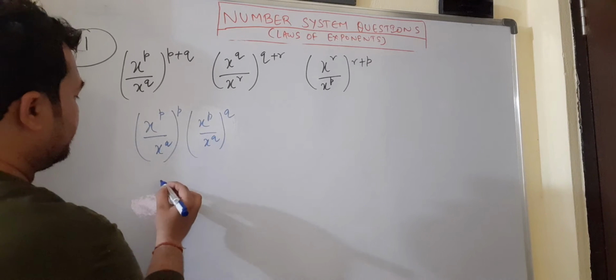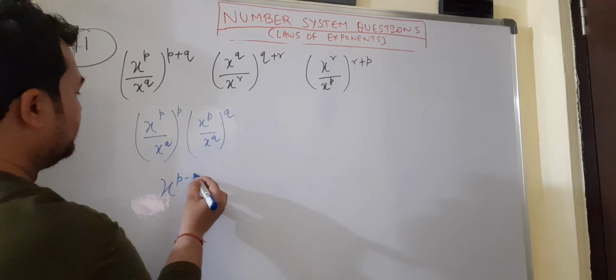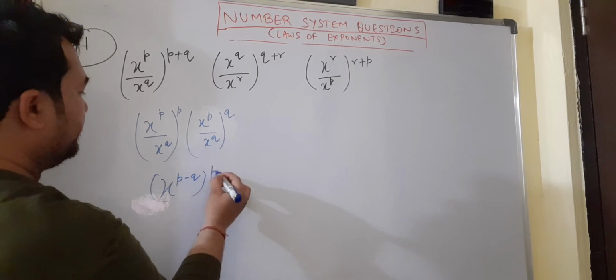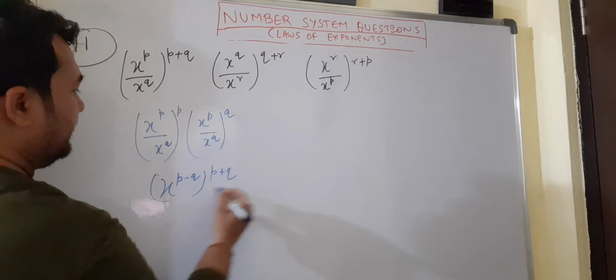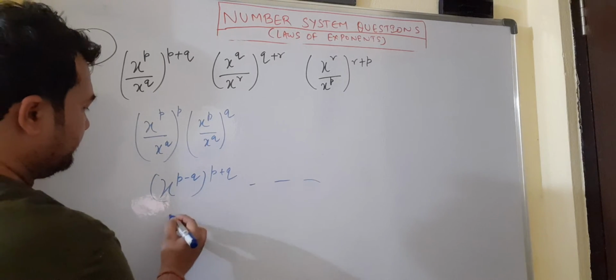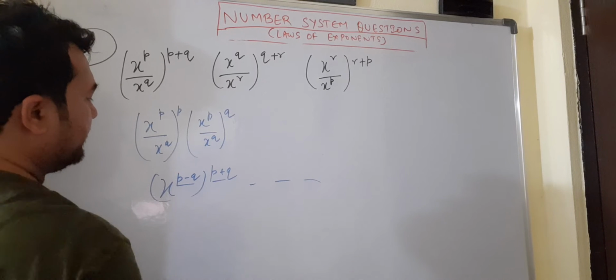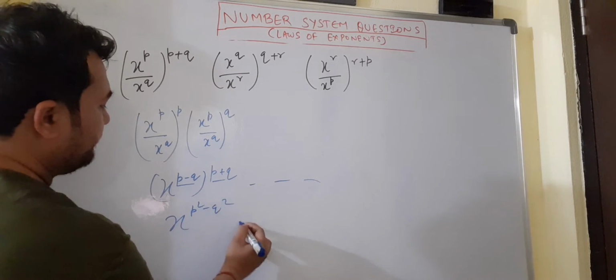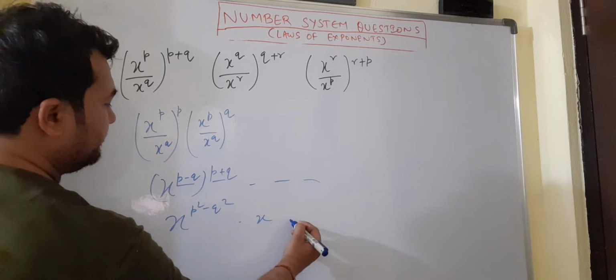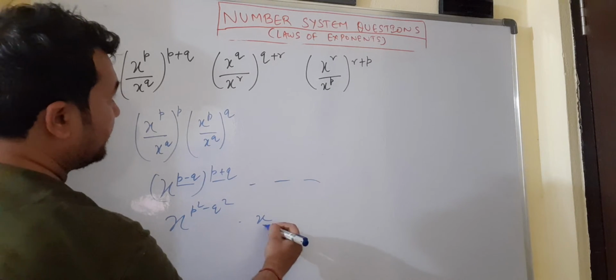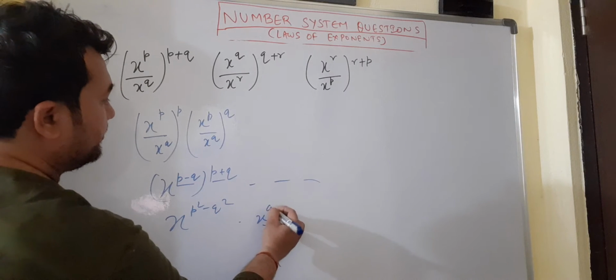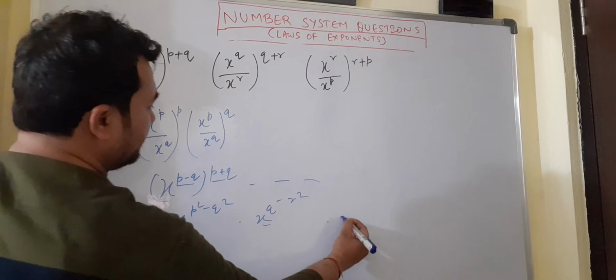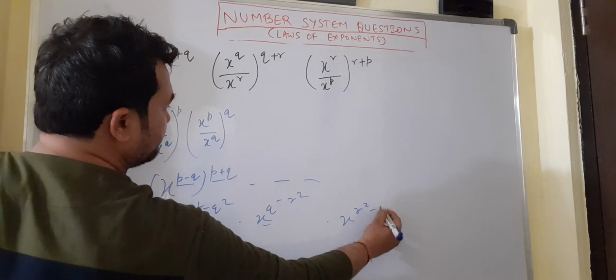You can also write it as x to the power p minus q to the power p plus q and so on. In the next step, this a minus b into a plus b will give you x to the power p square minus q square, and this will happen with the same x in this case also, q square minus r square, and again r square minus p square.